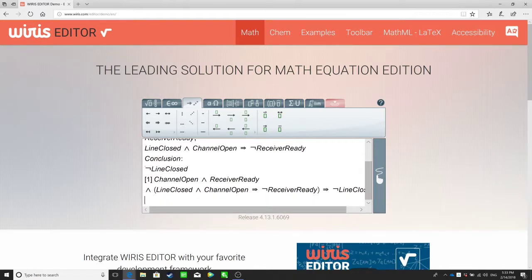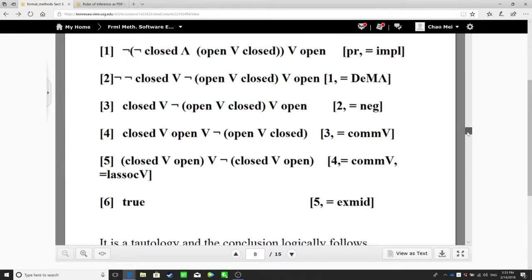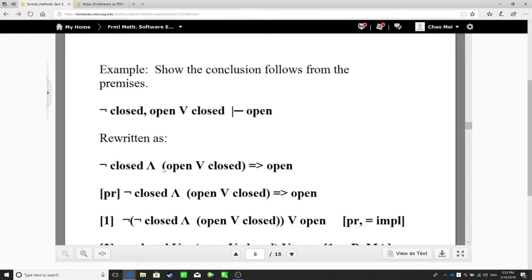Okay, here it's a little bit different from the last example, because on the left we actually have another implication there. In the last example, it was simple, just and or implies.